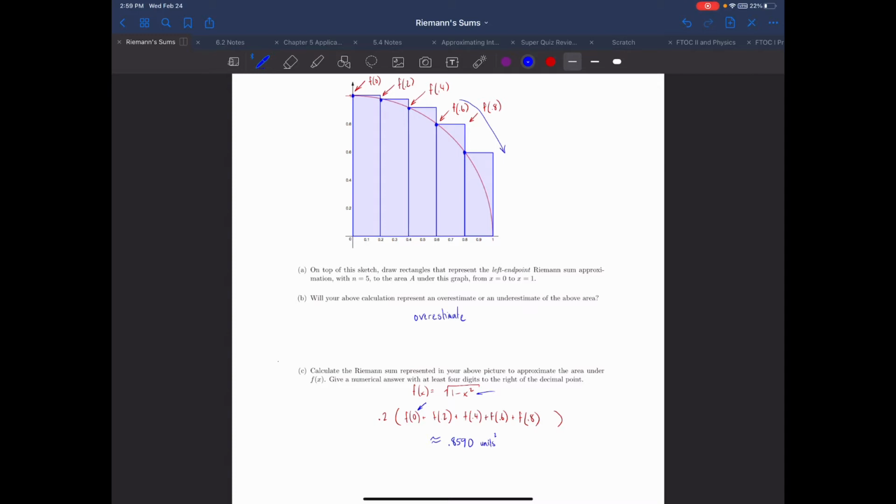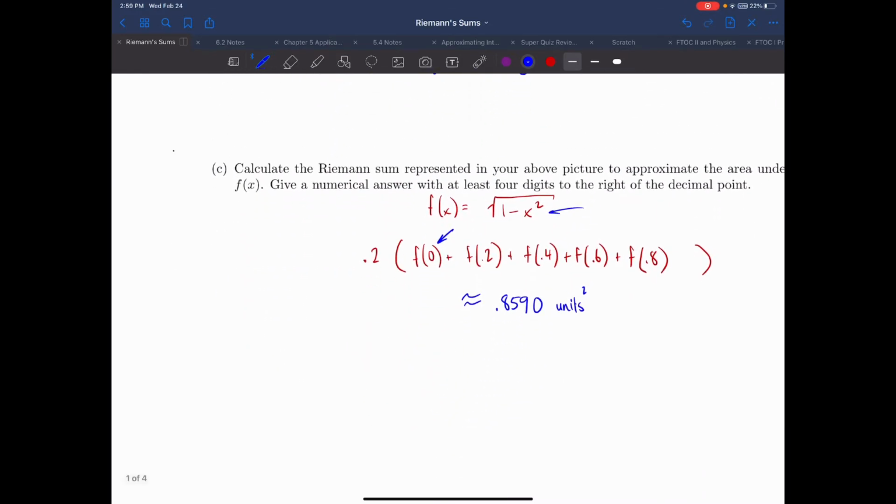And what I'm going to talk about here is summation notation. So this will be the left-hand sum. And this is new notation. You've probably never seen it before, or if you've seen it, you didn't know how to use it. So this is a sigma. And this is not the sum for this one.